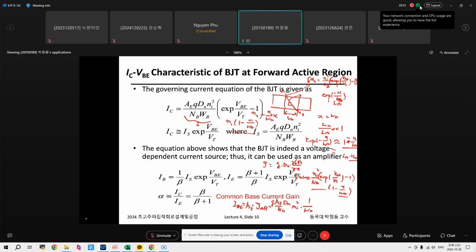And you have this exponential, VBE over VT minus 1, okay? So those are this, okay? That's what we got, all right?